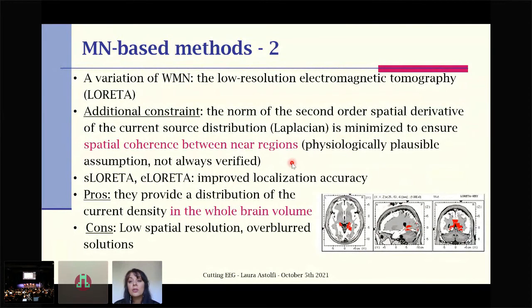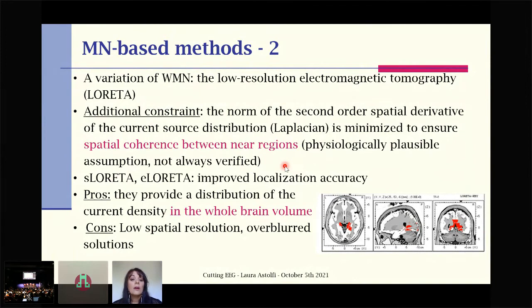This is a physiologically plausible assumption when the dipoles are actually close in the brain. There are some conditions, for instance, around the sulci, in which this is not true. So the dipoles are physically close, but there's no reason to think that they should be correlated. So this is a strength, but also a limitation of the method.